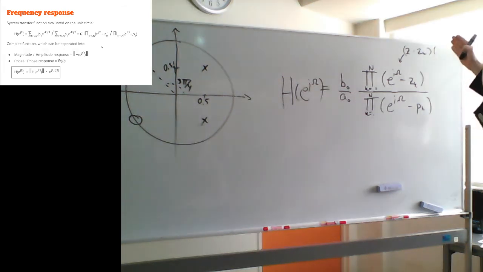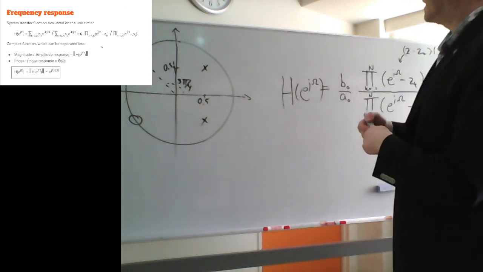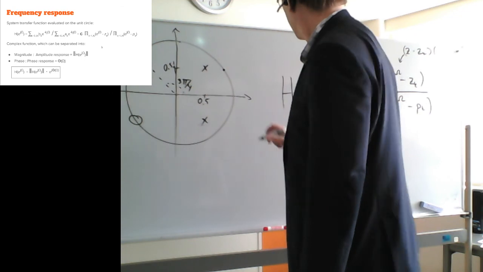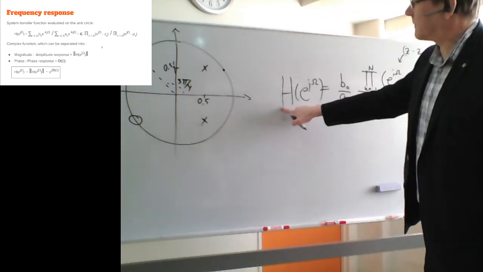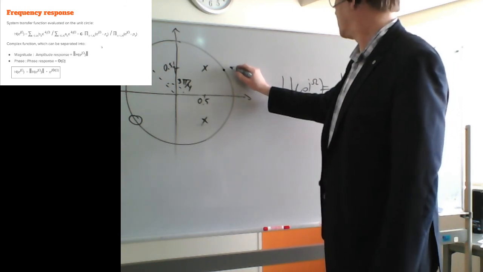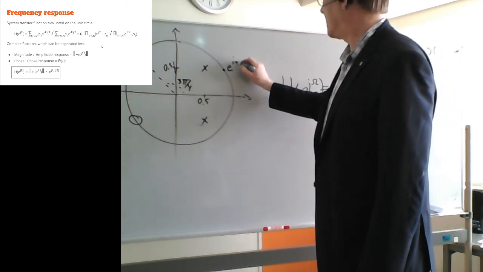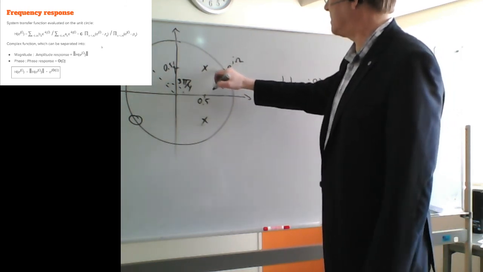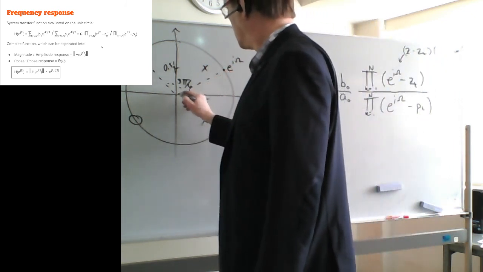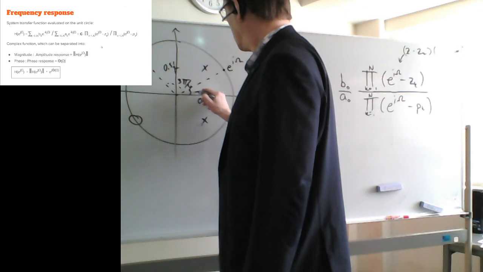Let's think of that a moment. We have the value of the frequency response at the point e to the j omega. It is a point on the unit circle at angle omega.